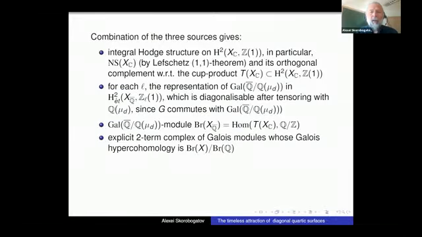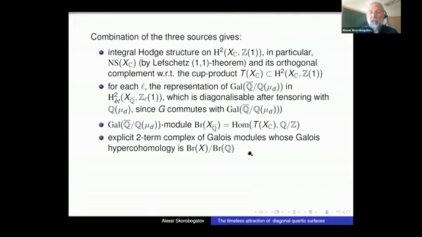And finally, it's not so hard to write an explicit two-term complex of Galois modules whose Galois hypercohomology group is the group we're interested in. So we don't need to limit ourselves to the isolated calculation of this Galois module given by the Brouwer group of X over Q bar, then taking the Galois invariant part of this, and then looking at the algebraic Brouwer group and wondering how the two parts of the group are united together in the Brouwer group.